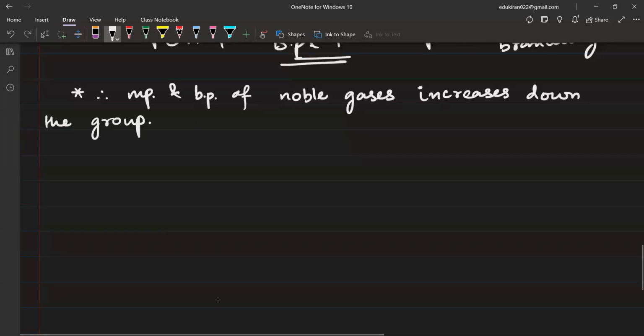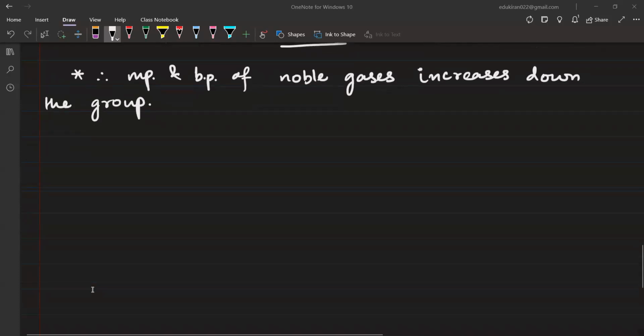Why? Because if you look at the noble gases, then the atomic mass will increase and the size will also increase as we go down. Molar mass is also increasing, the size is also increasing. So van der Waals force of attraction will also increase, and van der Waals force of attraction is directly proportional to the boiling point. And boiling point directly depends on the van der Waals forces. Got this? Yes or no? Please tell me.